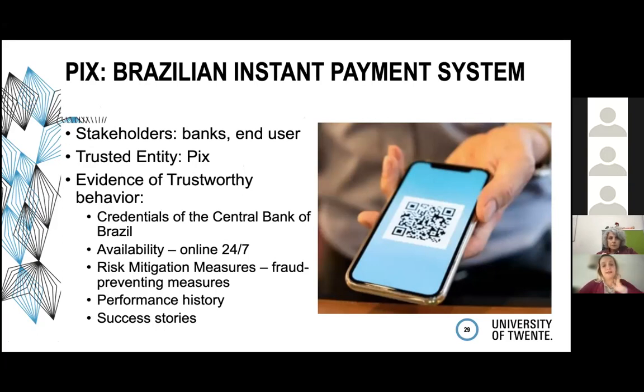The fact that the system is available 24/7, is always online, and the fact that it implements risk mitigation measures, for instance, preventing fraud, also taking care of the privacy of the users. And there are some success stories, performance history, and so on and so forth. So different evidence of trustworthy behavior.